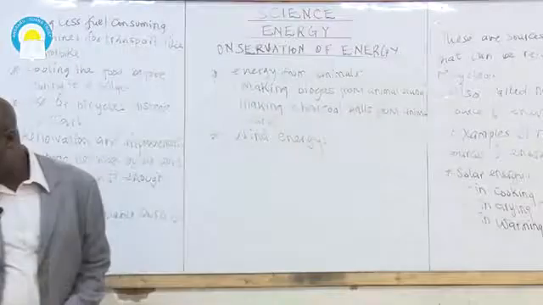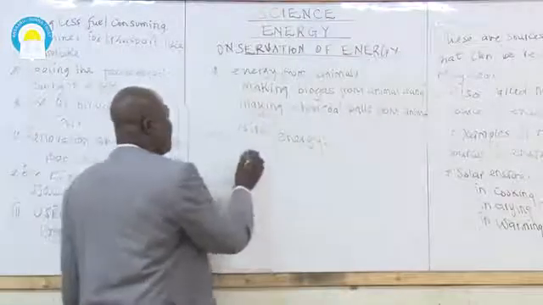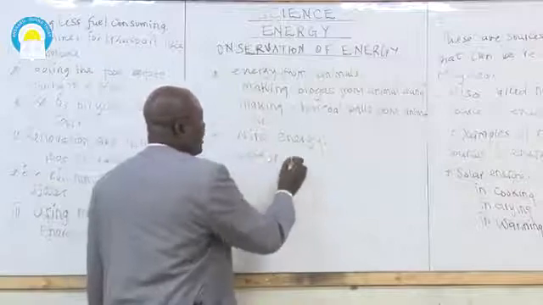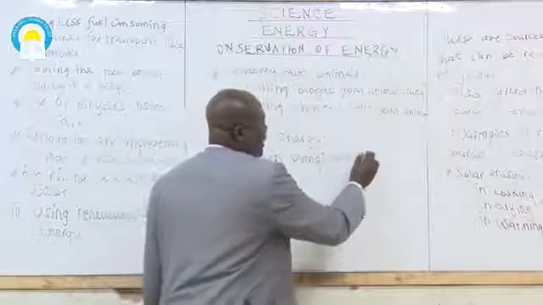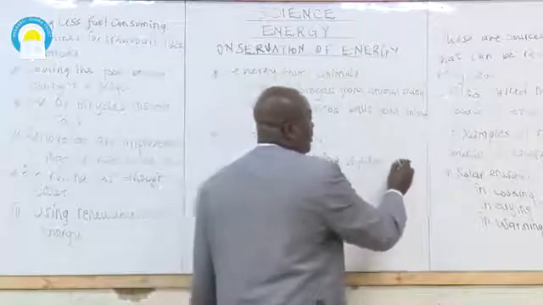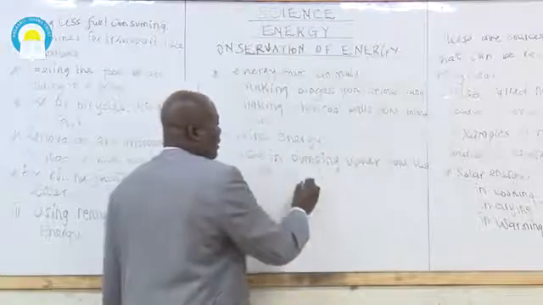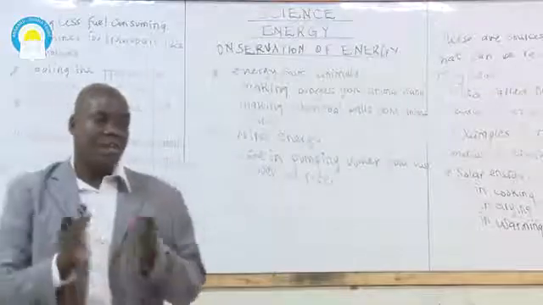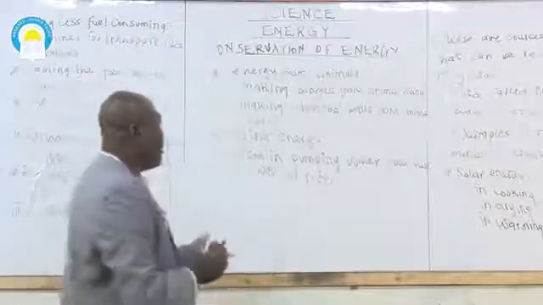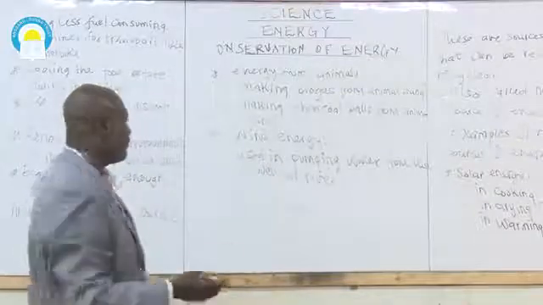Instead, they use what we call wind energy. This one is used in pumping water from a well or river. You can use this wind energy to pump water from a well or from a river to the farm for irrigation or farming.